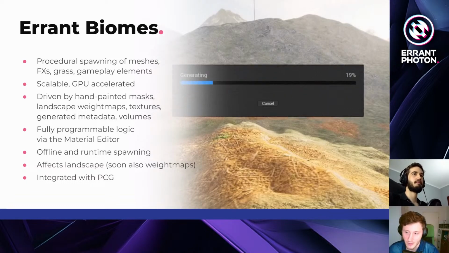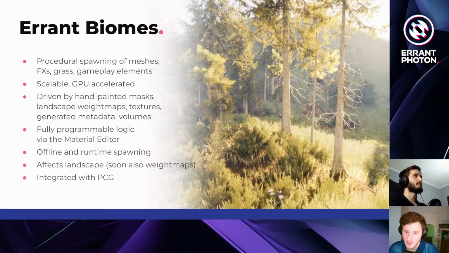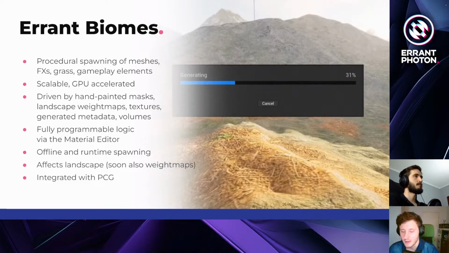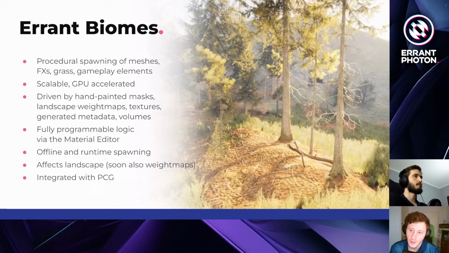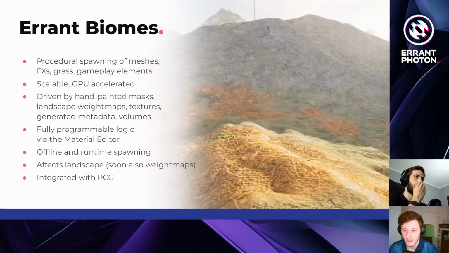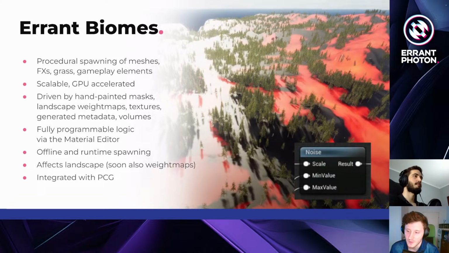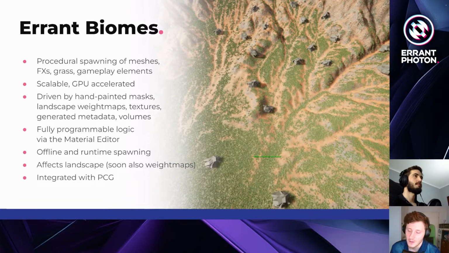Here's another example of how it works. Inputs include things like hand-painted masks, landscape weight maps, textures, procedural logic, metadata like height and slope, and volumes. And because it's programmable, it's up to you how you mix these inputs. We have some examples here. This is just noise, a single node. This is based on the weight map, so the grass is where the green weight map is.